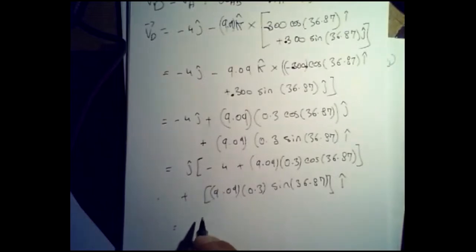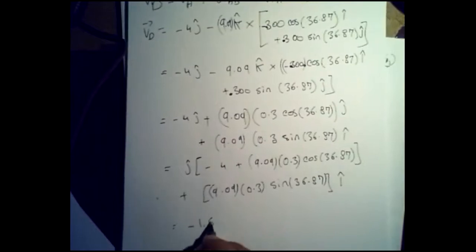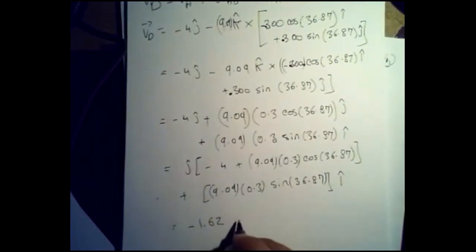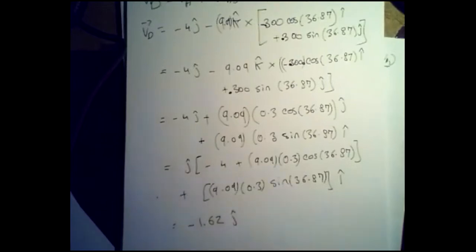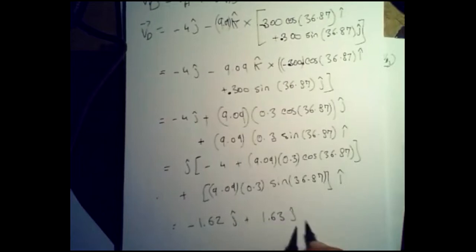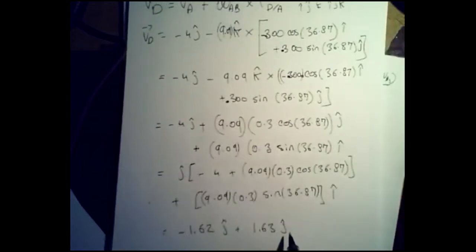That is not a big problem. I just did it on MATLAB and got minus 1.62 on the J, and then let me do the I. 9.09 times 0.3 times sine, and then I get here 1.63 on the I.